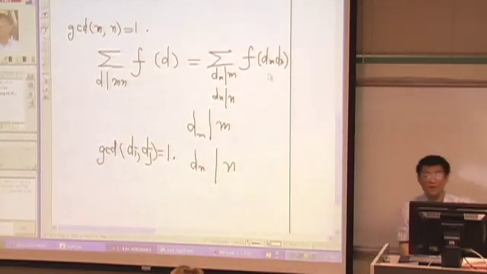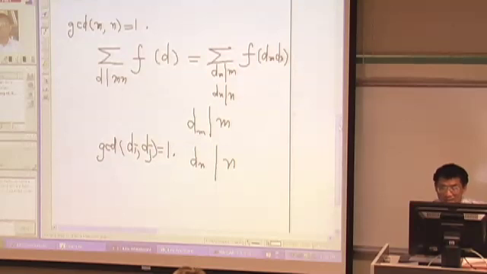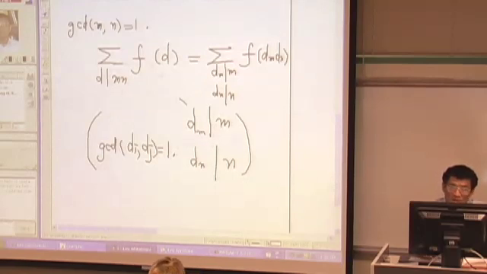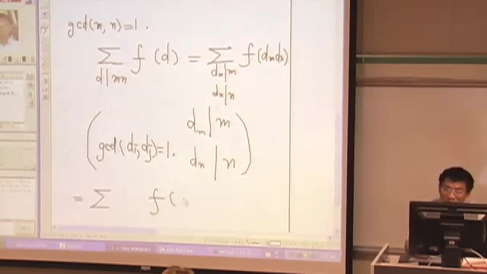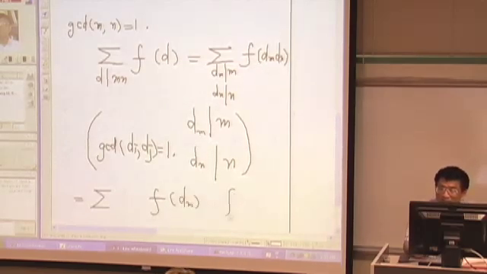Now we use the property that f is multiplicative. Because f is multiplicative, what can you say about this integrand? We can use f of d_m and then f of d_n.